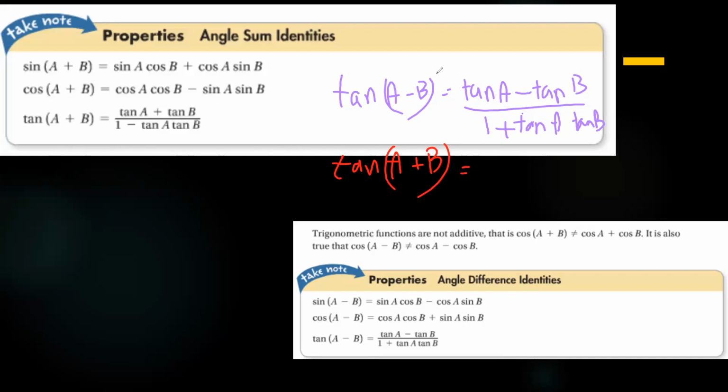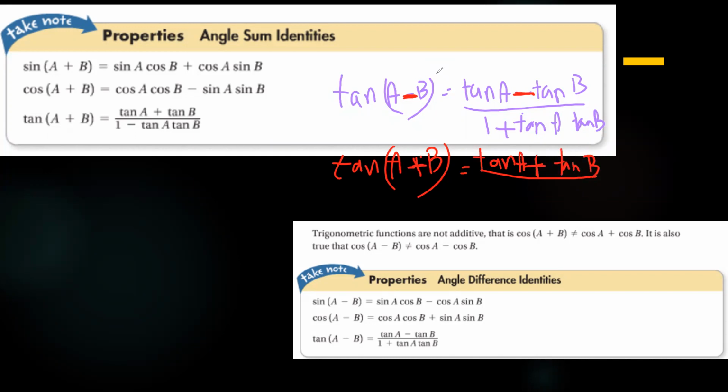For the numerator, we keep the sign as it is. Up, we have minus, we keep it minus. Here we have plus, we keep it plus. And we write it as tan of A plus tan of B.